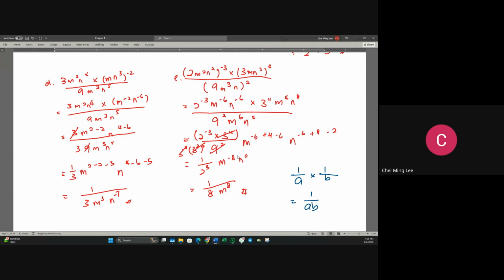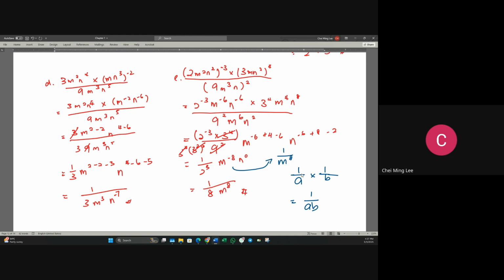So for this one, because negative 8, we can indicate it as 1 over m to the power of 8. So 1 over 8 times 1 over m power of 8 will become 1 over 8m^8. So don't mind about the 2 power of 3. Sorry?